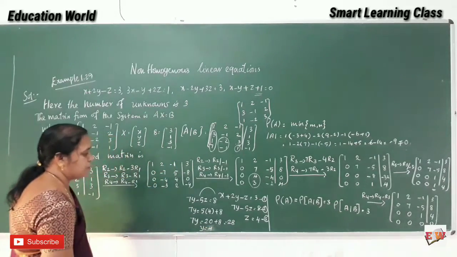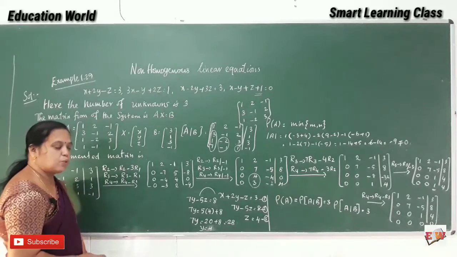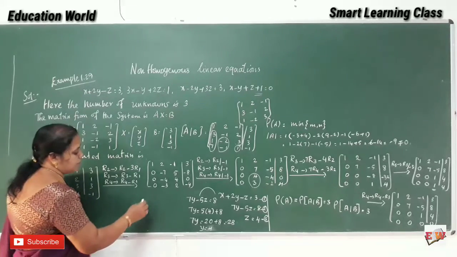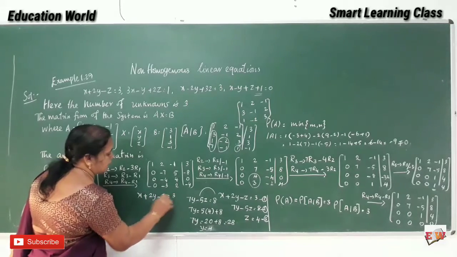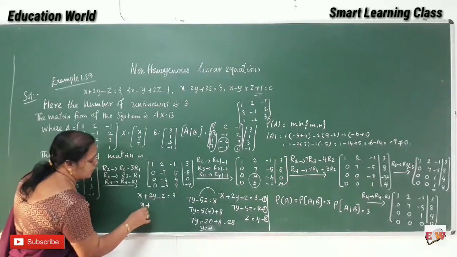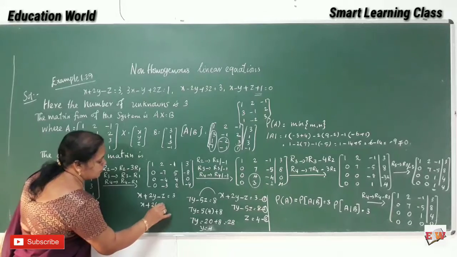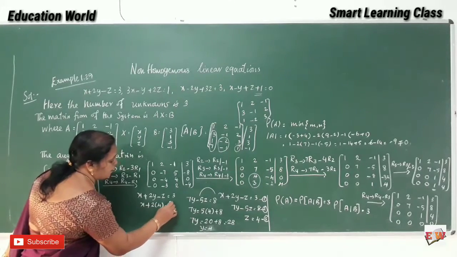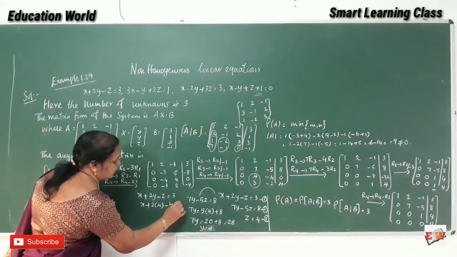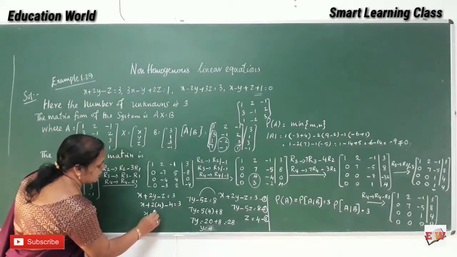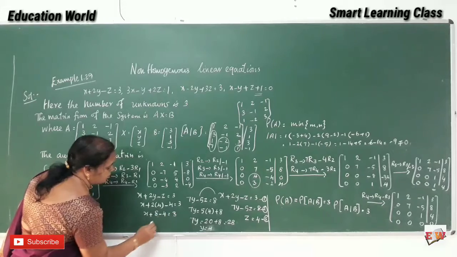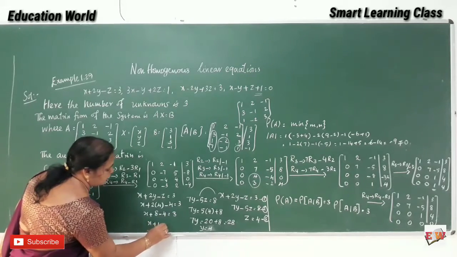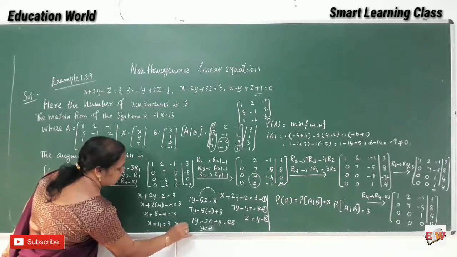Now I am going to substitute these two values in the first equation. x plus 2y minus z equal to 3. We don't know the x value. 2 into y value, which we found is 4, minus z, 4, is equal to 3. x plus 4 twos are 8 minus 4 is equal to 3. x plus 4 is equal to 3. x is equal to minus 1.